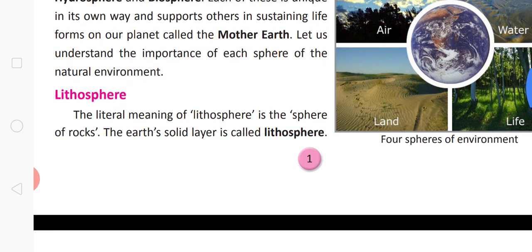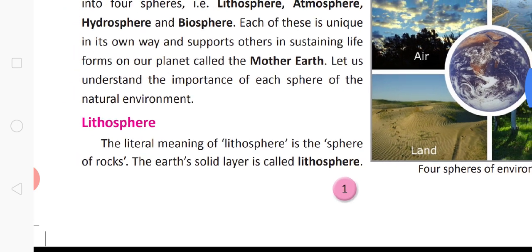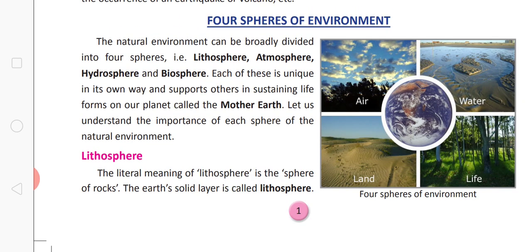Now the first topic here is lithosphere, the details about the lithosphere. The literal meaning of lithosphere is the sphere of rocks. Just now I discussed what lithosphere is. It is the sphere of rocks. The earth's solid layer is called lithosphere.